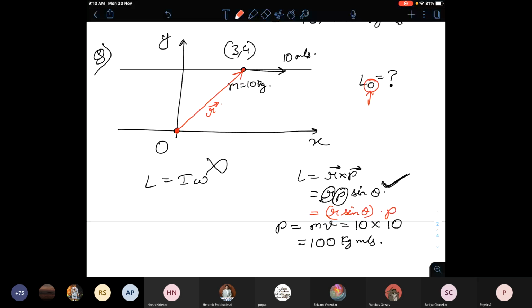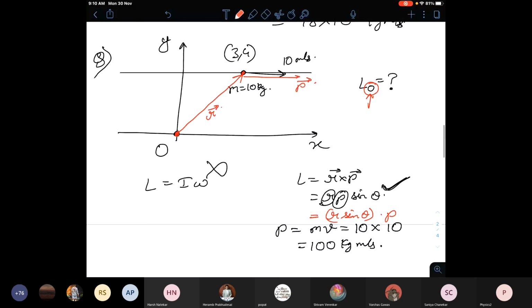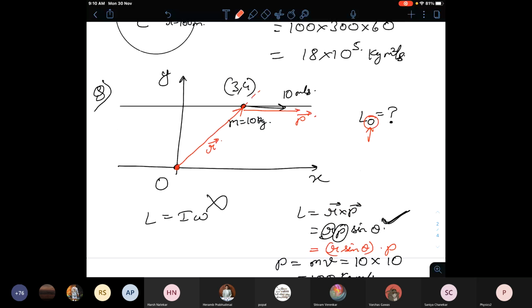So just see here, what is theta? Theta is the angle between r vector and p vector. P vector will be like this. R vector is like this. For calculating the angle between r vector and p vector, you will have to move the r vector forward, so that their tails coincide.